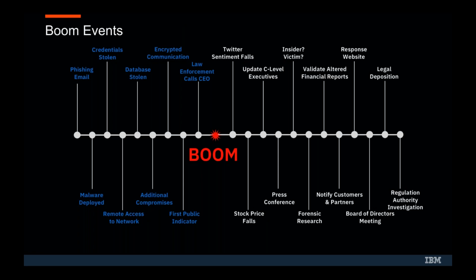One way that we talk about this is with the phrase "the boom event," and so I want to walk through a scenario of an attack. In this case, we start with the left and we go across. You have a phishing email that comes in. Maybe it's broadly sent and members of your organization receive it in their email.